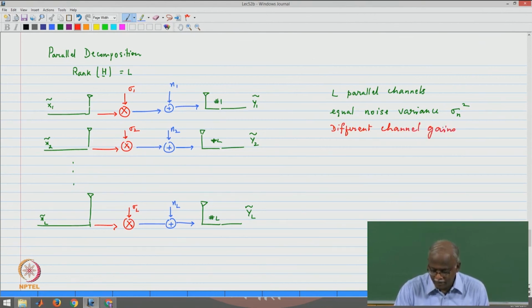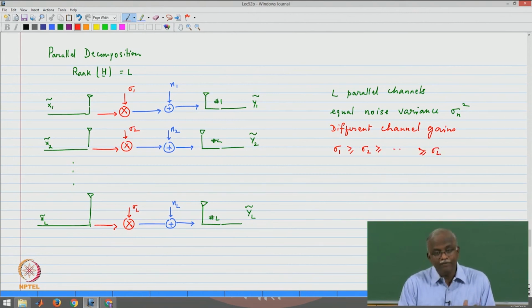And if we have ordered our singular values such that sigma 1 is greater than or equal to sigma 2, all the way to sigma L, then what we find is that we have L parallel channels where each of the channels has a different signal to noise ratio. Notice that sigma 1 is the gain for the signal on channel 1.